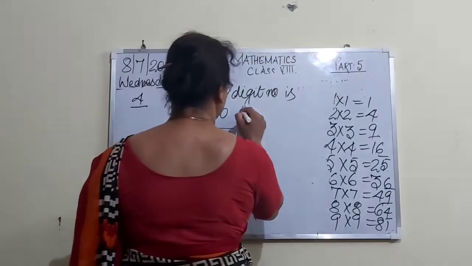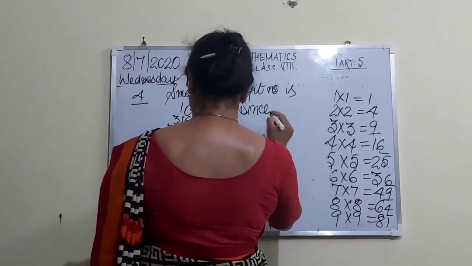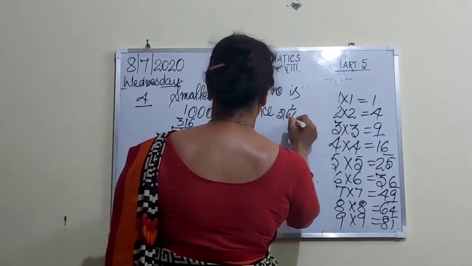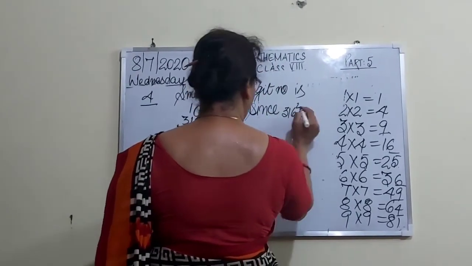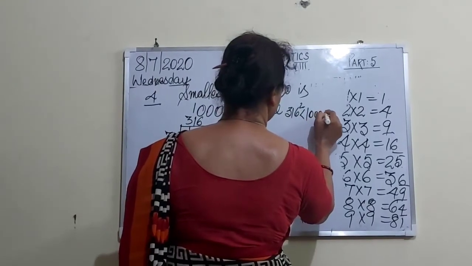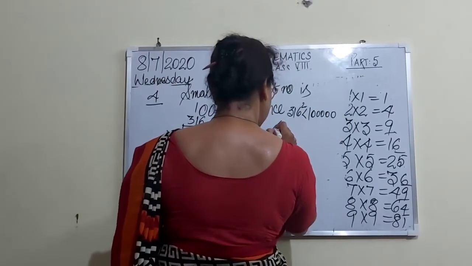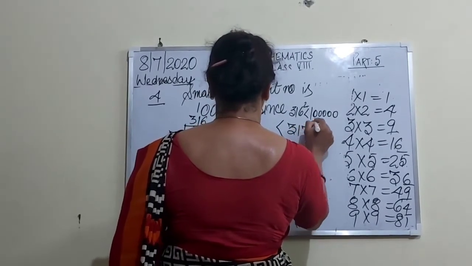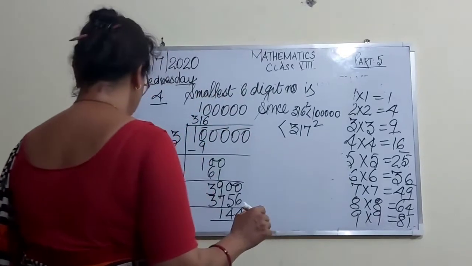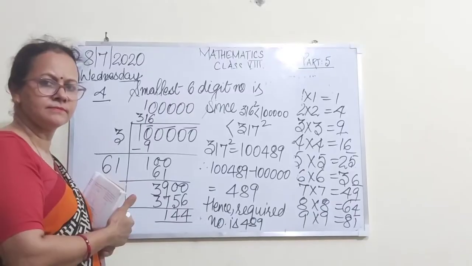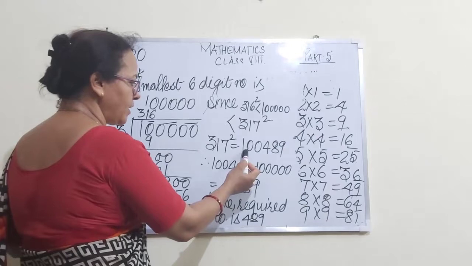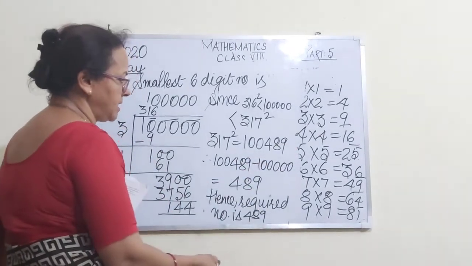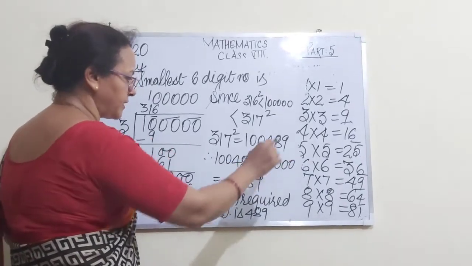Since 316 square is less than 1 lakh, and 317 square is more. Now the square of 317 is 100489, means 1,00,489.